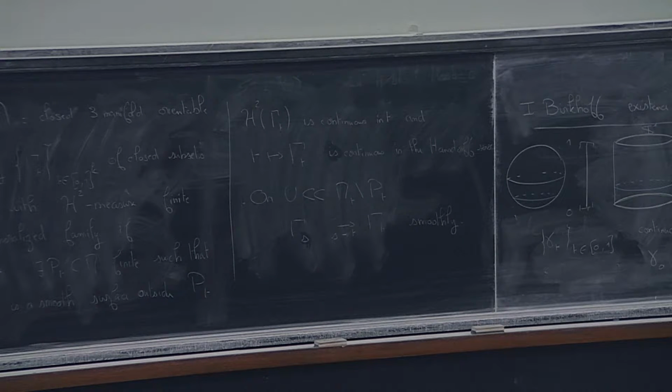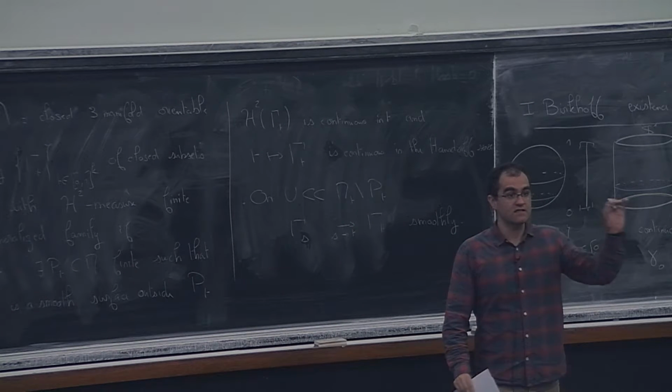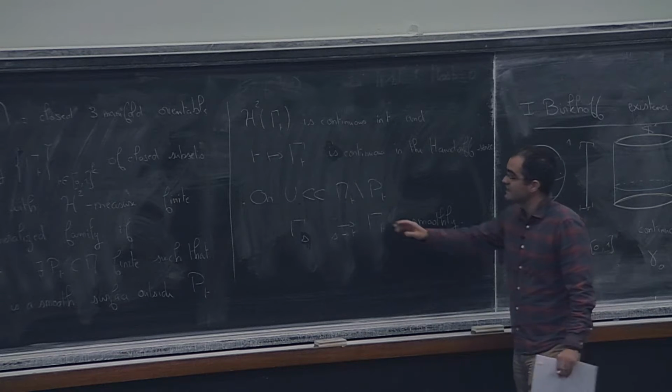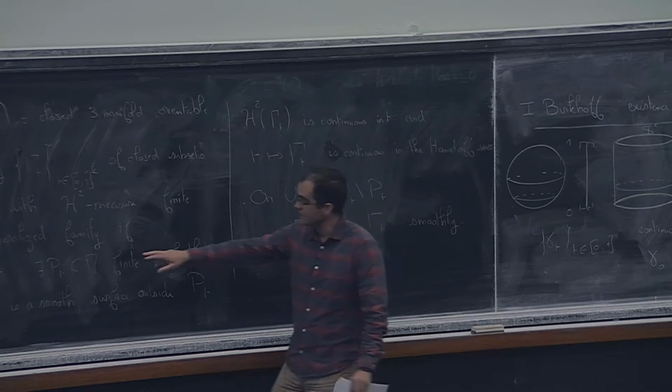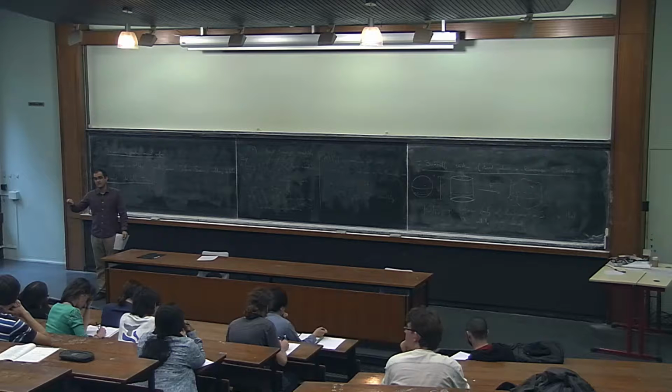No continuity of Pt, no. In general, what happens is that Pt is empty for almost every t, and for some t, there is some point to remove. The idea is that these points Pt are just there in order to allow you to change the topology of the surface gamma sub t.